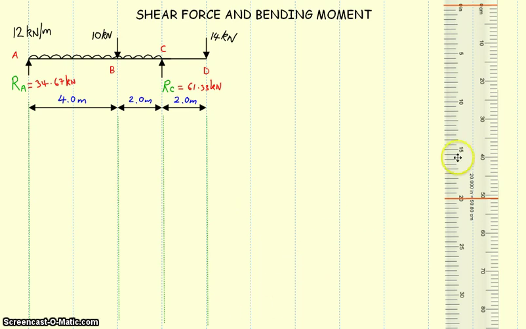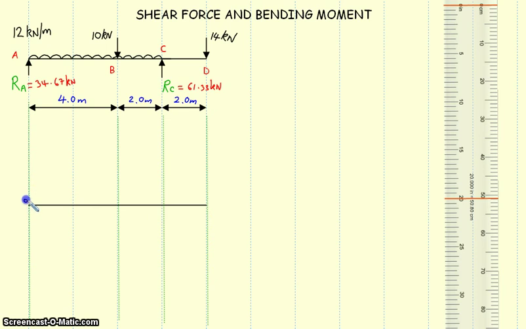I'm going to need a horizontal line, so I'm just going to pop it in there, and this line represents the actual zero shear line within the beam.